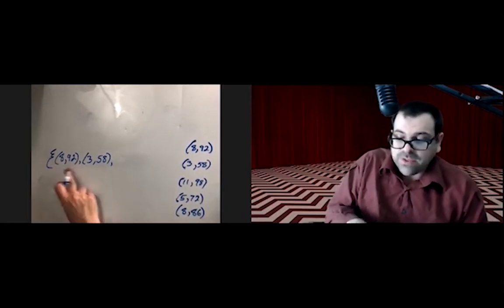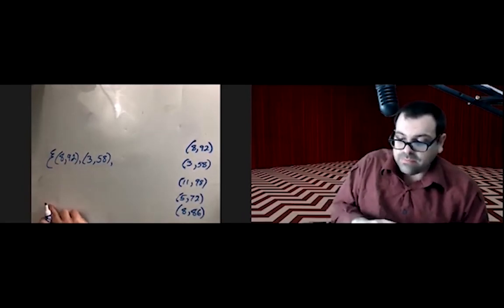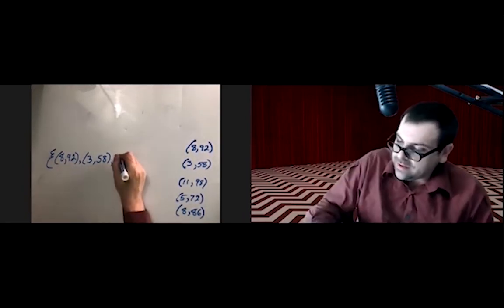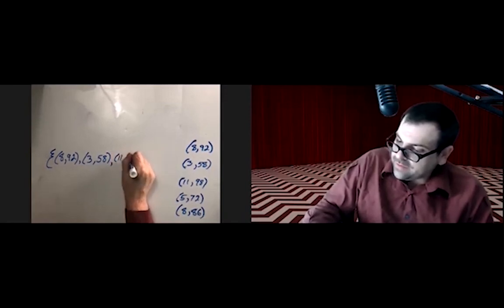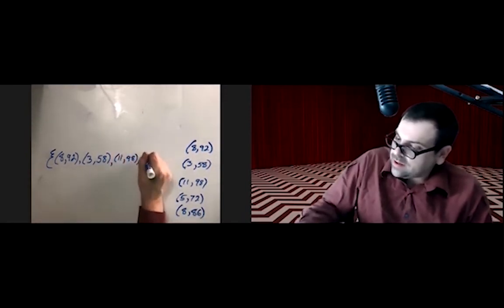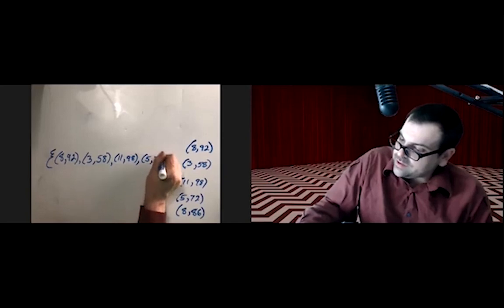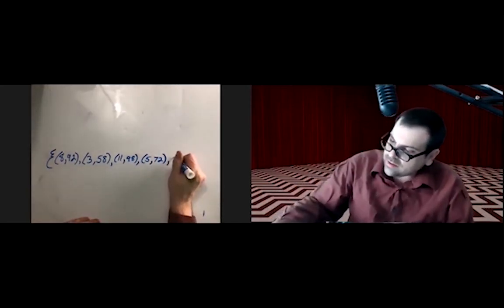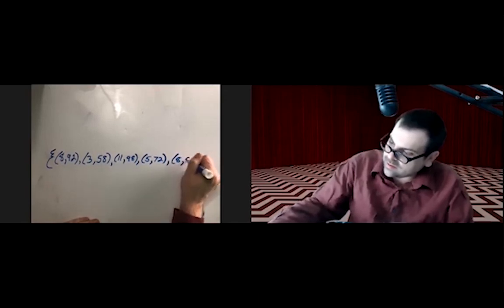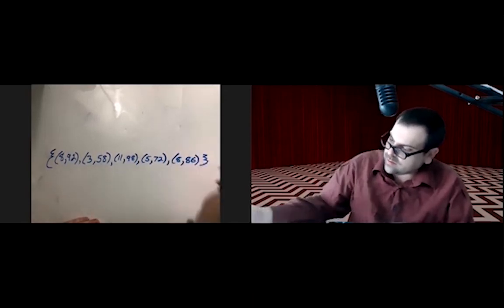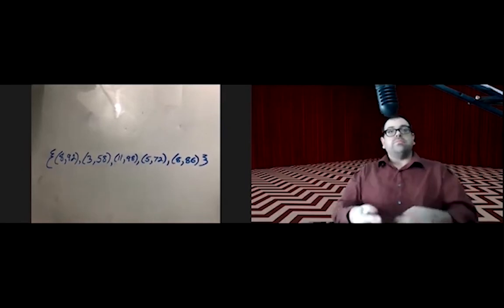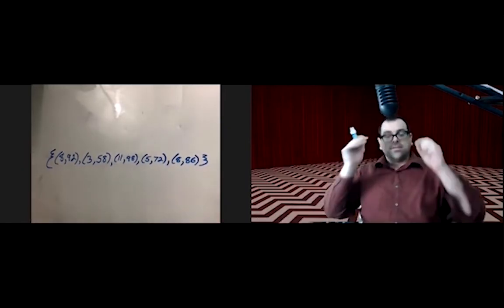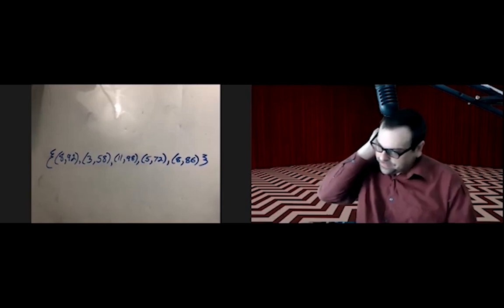And I have a comma between the ordered pairs, between the elements of the set. 11, 98, 5, 72, and 8, 86. So that would be my set of ordered pairs.